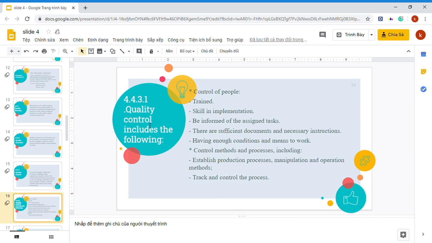Quality control includes the following: control of people, training, skill in implementation, before their subscription document and necessary instruction order.